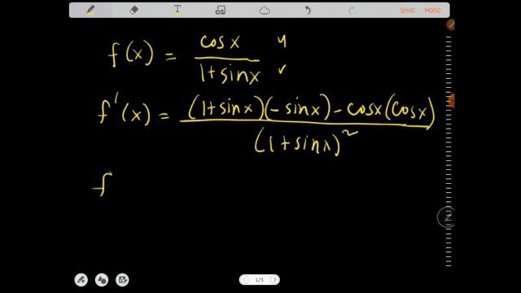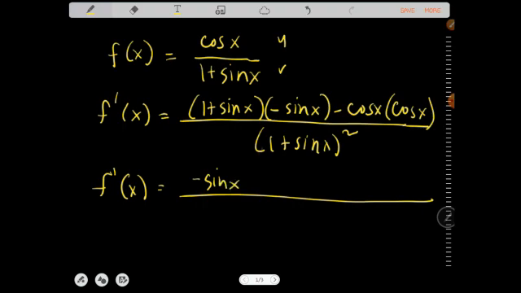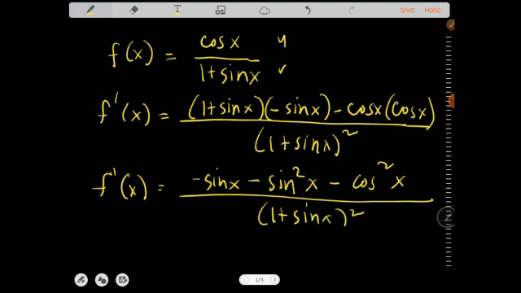Okay. Then, simplifying the equation, this would equal negative sine x, distributive property again, minus sine squared x, and then minus cosine squared x over 1 plus sine x squared.